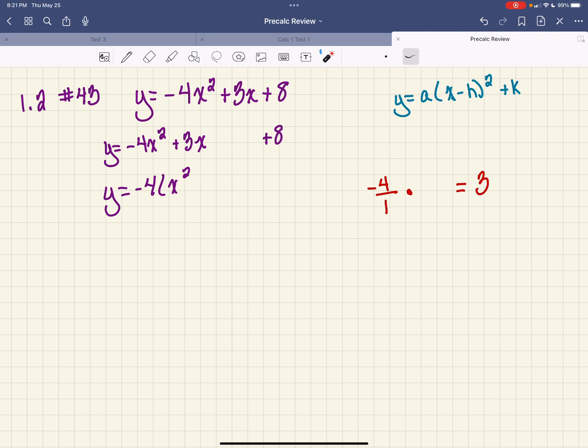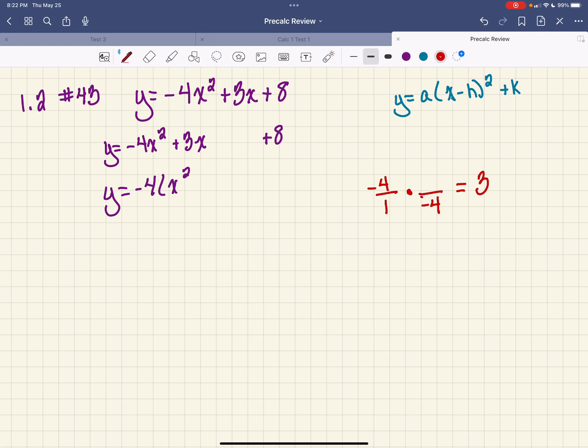So the first thing we want to know is that we want this negative 4 to cancel with something right here. So when I multiply it, it is going to need to cancel with whatever's right here. So I am going to go ahead and put a negative 4 here. So when I multiply these two things together, the negative 4s are going to cancel. So that's all going to become 1.